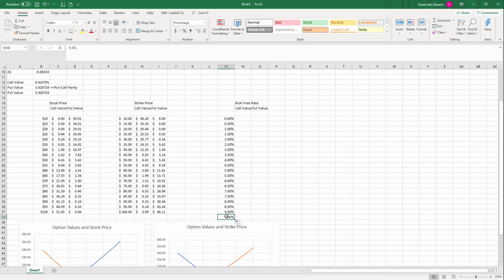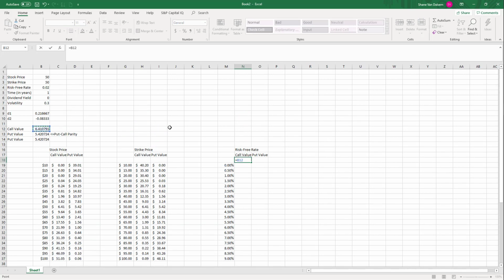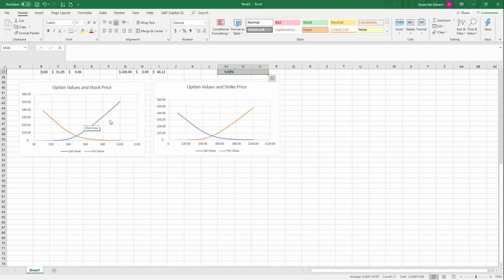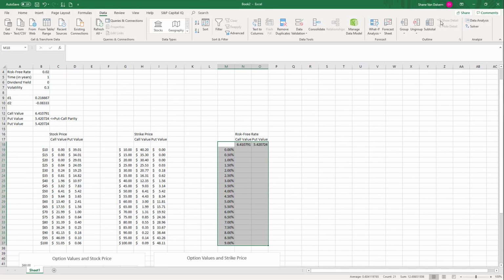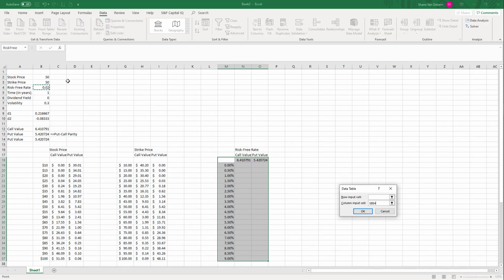I could just take it to 9%. How about that? Then I'm going to set this equal to the call value, and set this one equal to the put value. Highlight all of it, and then go to Data, What If Analysis, Data Table. My column input cell is the risk-free rate.